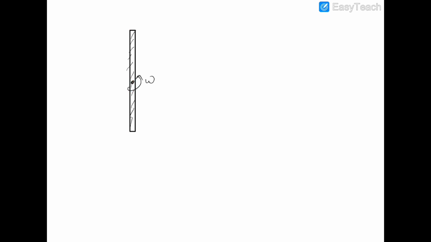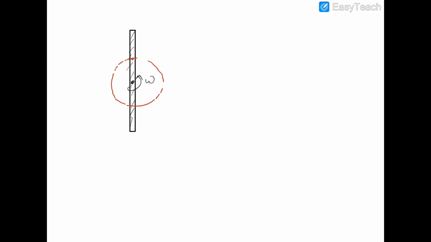So we know that if we assume the rod to be made up of two rods of length L by 2, L by 2, then the center of mass of this half part would be situated at this point, and this point, the center of mass, would be rotating like that, okay, in this circle.